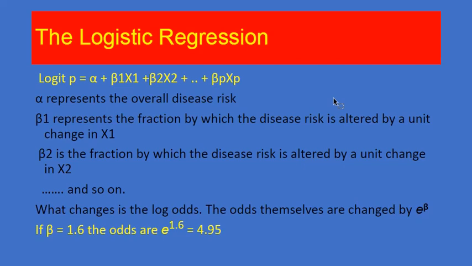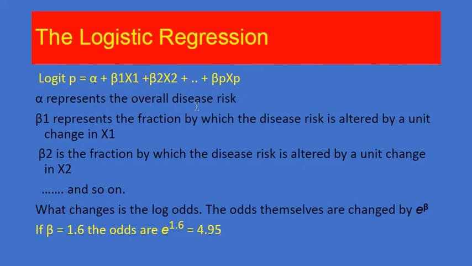If we generalize our logistic regression equation, we can represent it with this equation, in which we have used alpha and beta. Alpha represents the overall disease risk, beta 1 represents the fraction by which the disease risk is altered by a unit change in x1, and beta 2 is the fraction by which the disease risk is altered by a unit change in x2.